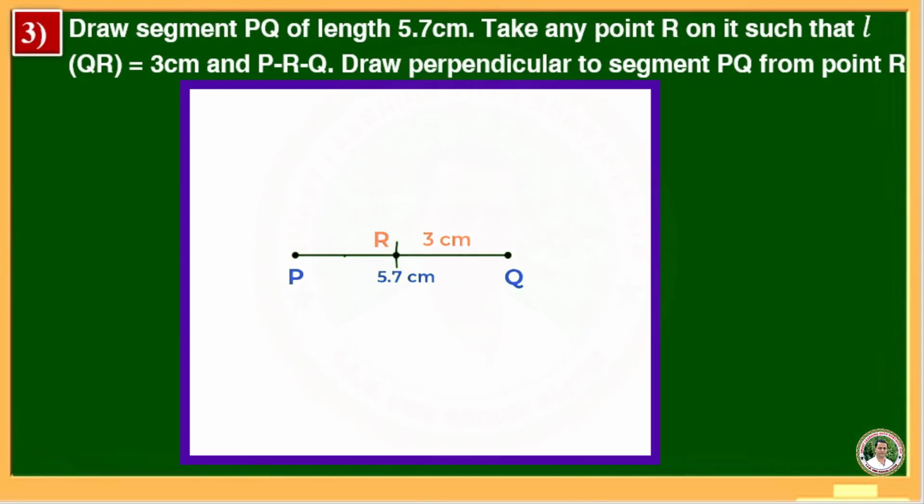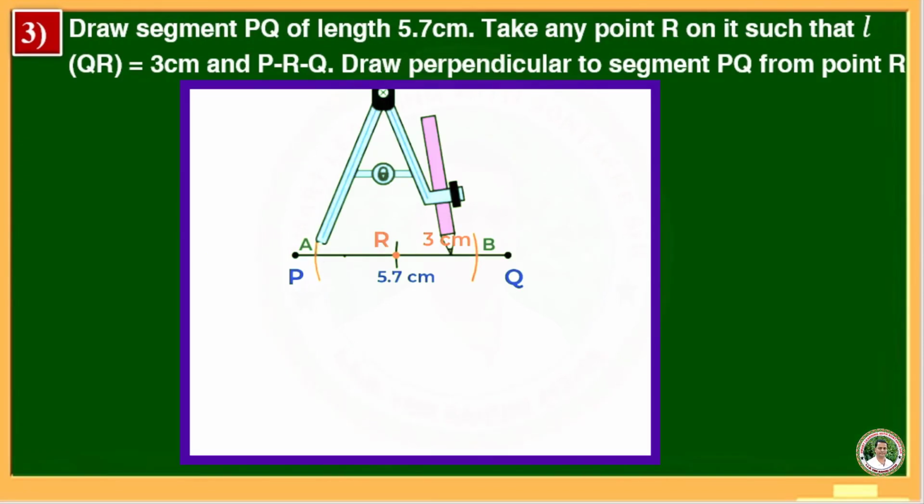Write the measures. Now R as a center, take some distance, make two arcs on PQ. In this way, make two arcs and name them A and B.